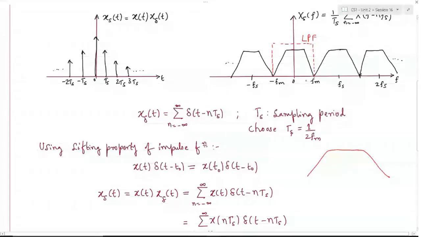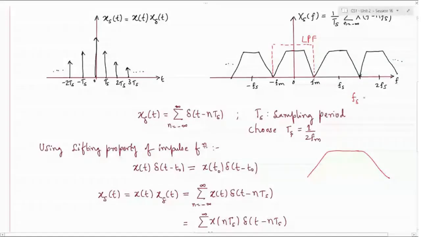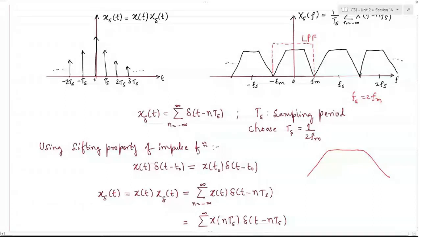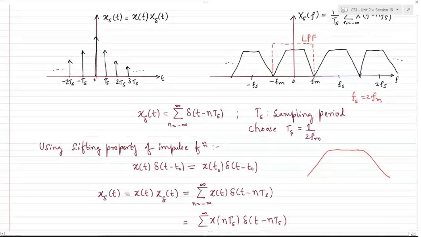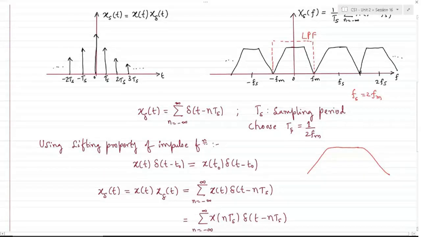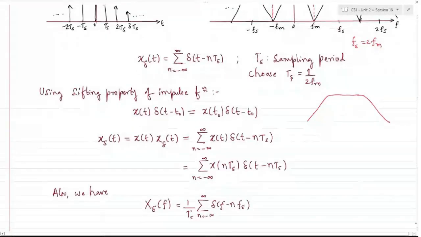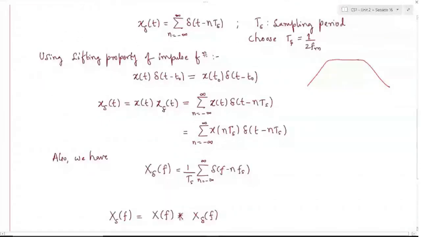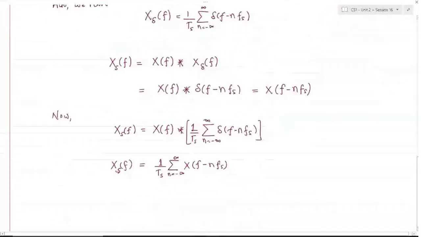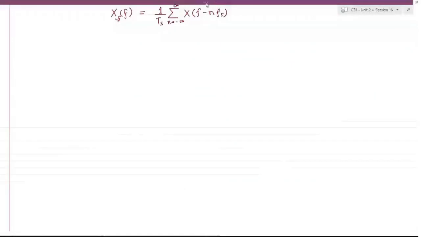If you have sampling frequency fs much greater than 2fm, compared to the case with fs exactly equal to 2fm, which exactly satisfies the Nyquist criterion, that is the case where applying a practical low pass filter may not give you a faithful output of your information bearing signal. So I'll take the case of a sampling rate much greater than 2fm.